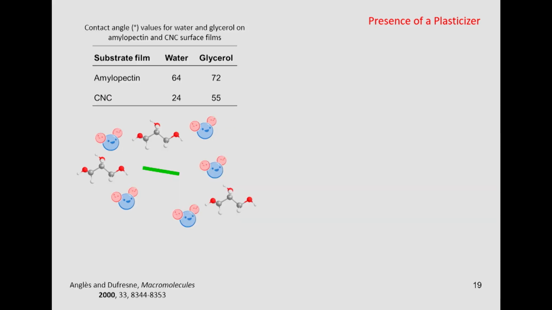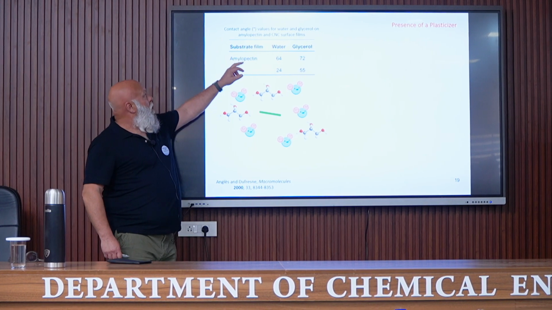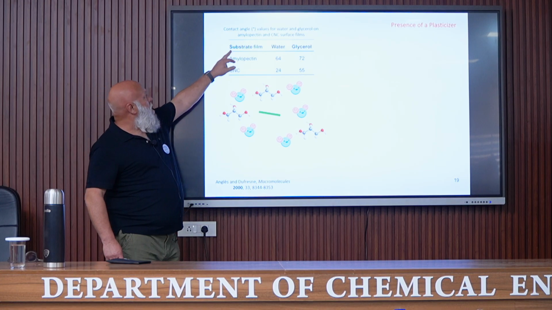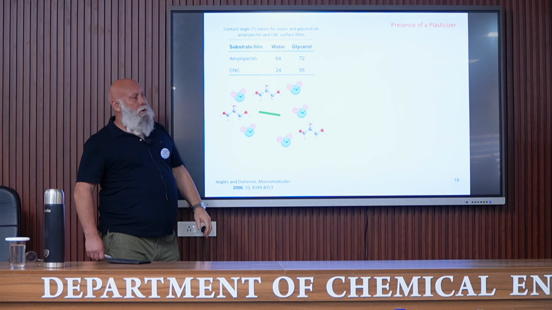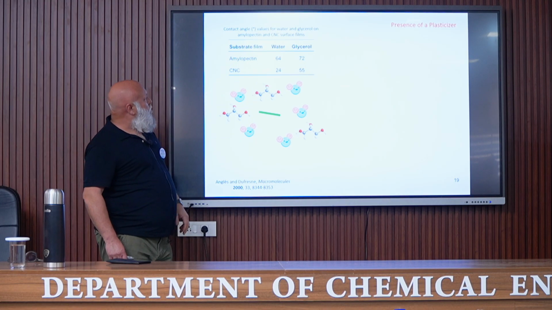So we tried to characterize the interaction between these different components. For this, we determined the contact angle for both water and glycerol on a surface made of starch, amylopectin, or cellulose nanocrystals. You can see the contact angle here.